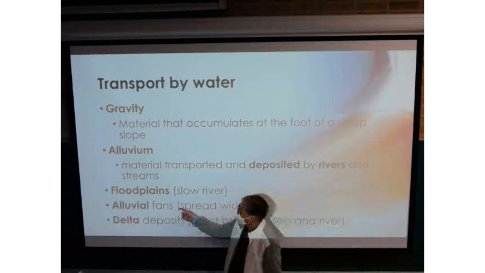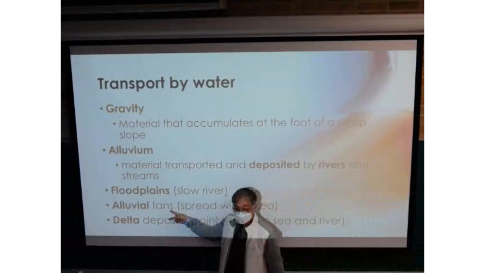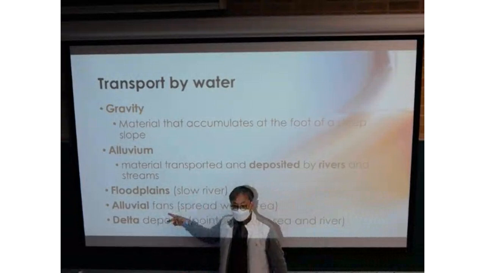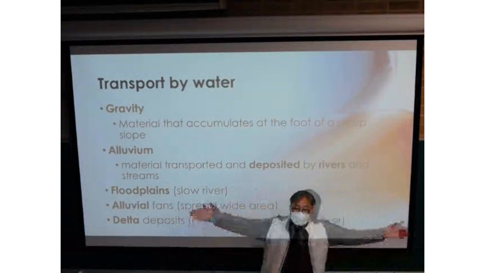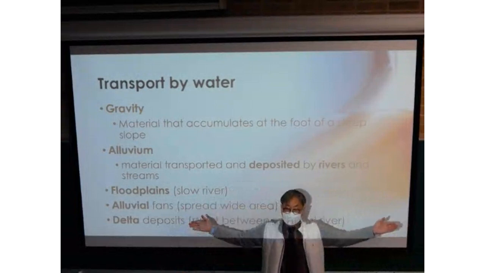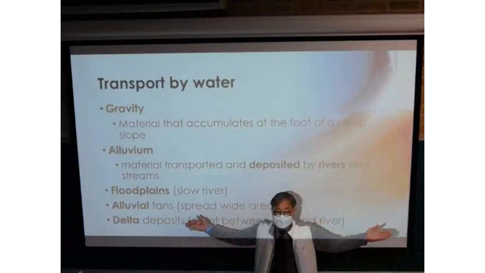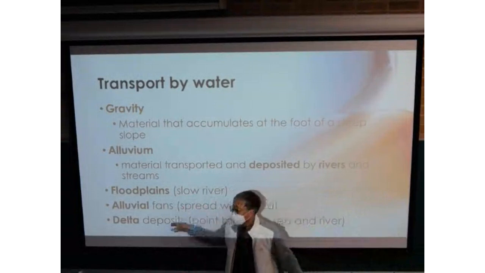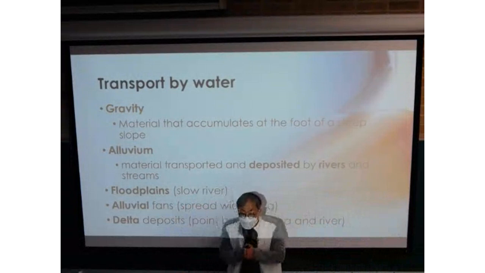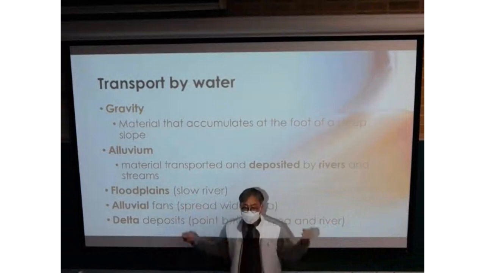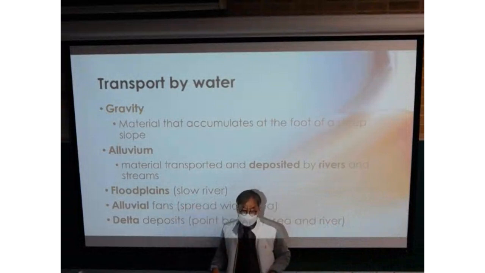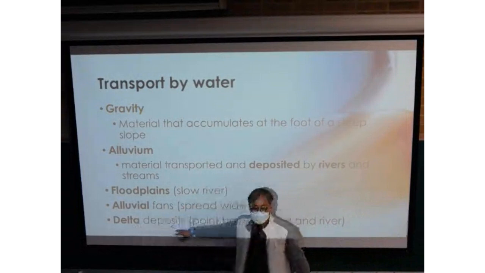So alluvial fan and delta deposit are really similar. However, there's one point of difference. What is that? Alluvial fan means the open area, not the coast, not the sea, not the ocean. However, when the river or stream reaches the ocean, at the coastline, and loses its power and drops the deposit, we call it the delta deposit.